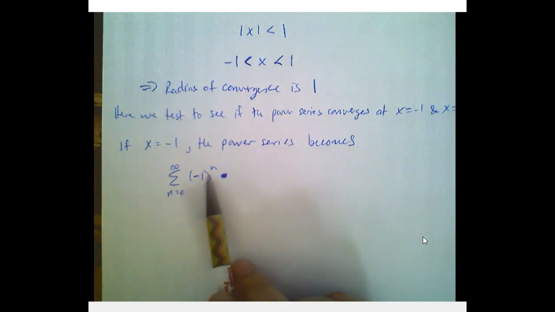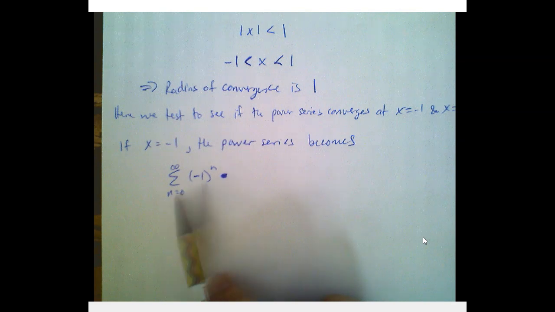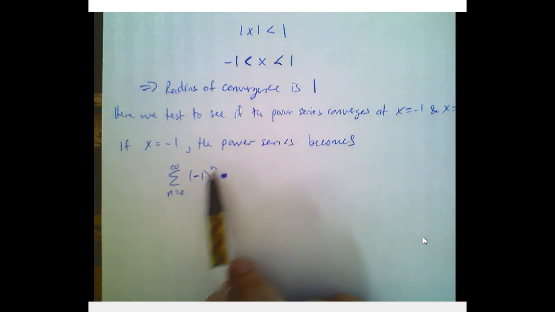So this is a specific series that we can test the convergence on. It looks to me like this is going to oscillate between -1 and 1. The terms of the series go back and forth between -1 and 1, so I'm thinking divergence here.